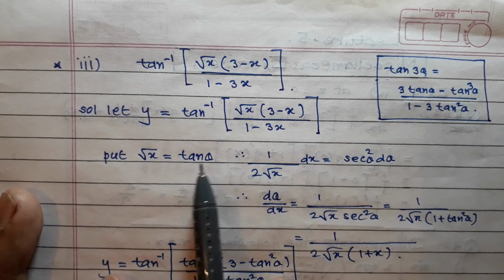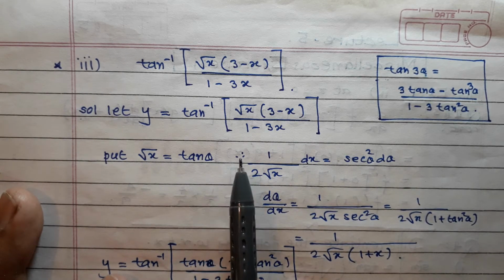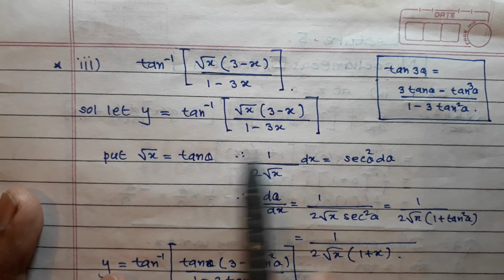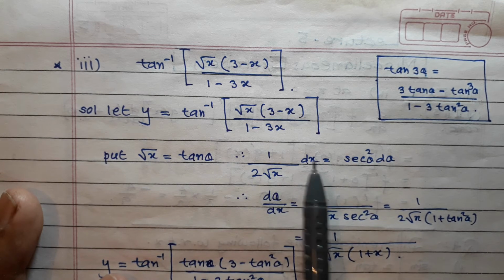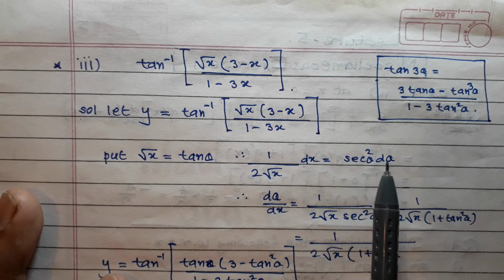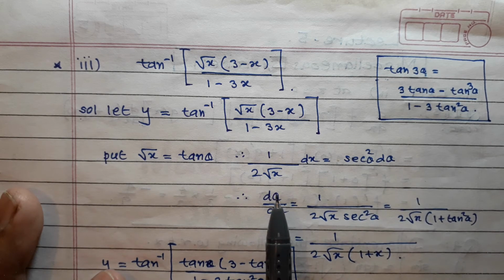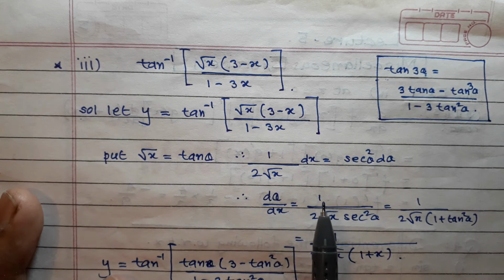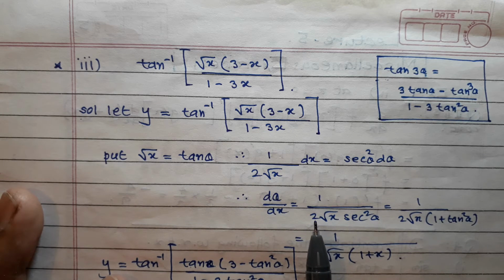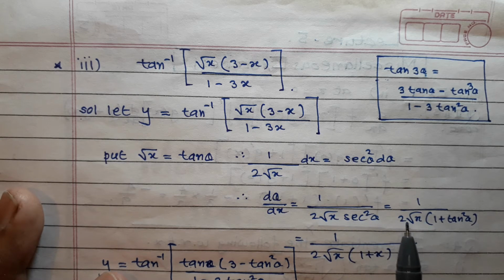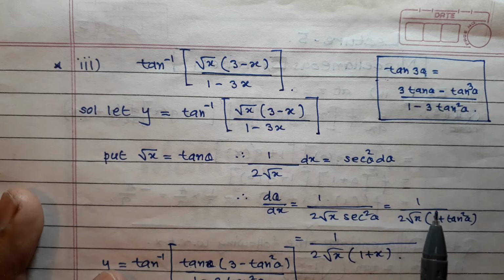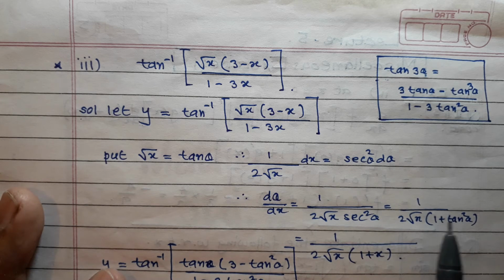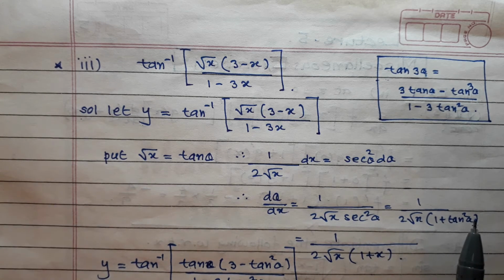Put root x is equal to tan theta, and therefore 1 upon 2 root x dx is equal to sec square theta d theta, and therefore d theta/dx is equal to 1 upon 2 root x sec square theta. So this is 2 root x into 1 plus tan square theta. Okay.